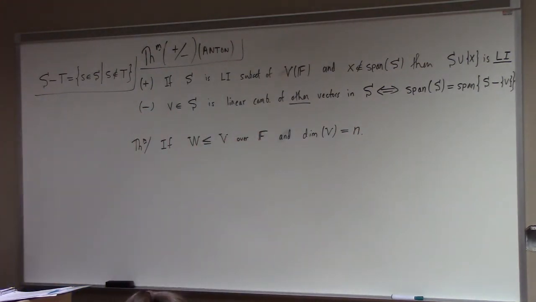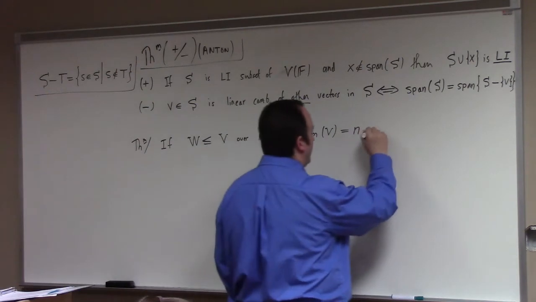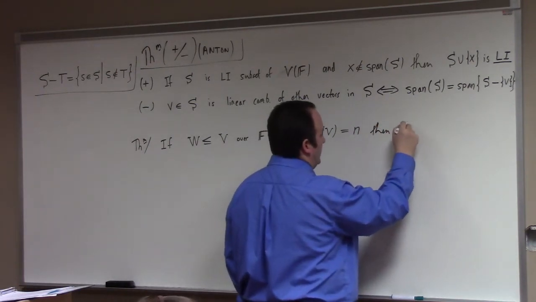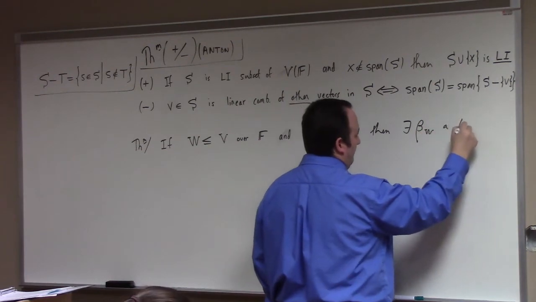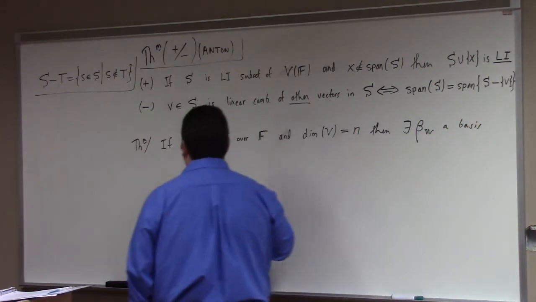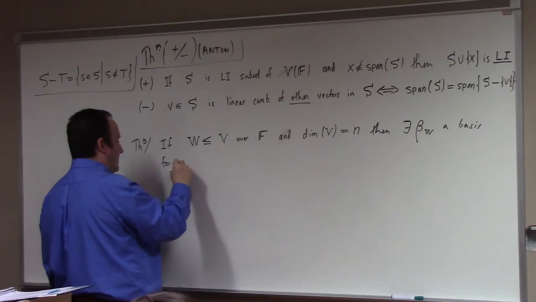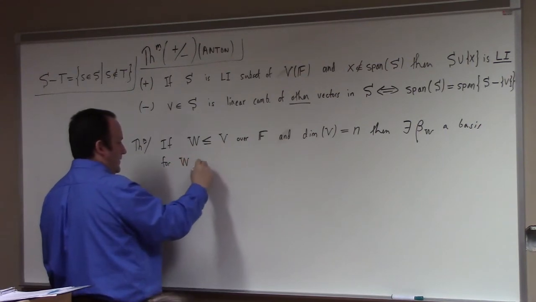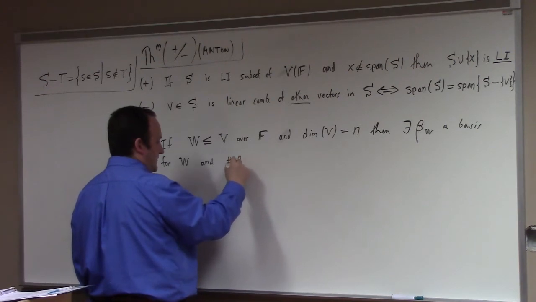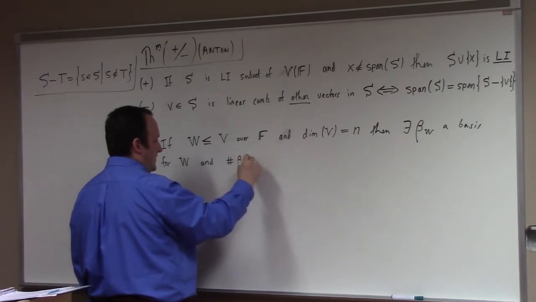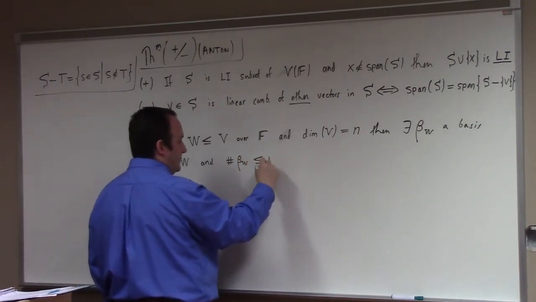All right. Then there exists a basis for W, and the number of things in the basis for W is less than or equal to n.